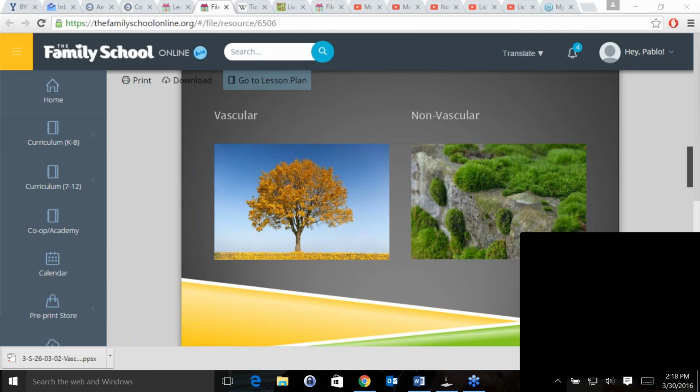Yes, vasculars have phloem and xylem. Okay. Water goes up the tree. Water has to fall on the moss to be absorbed. Connor says mosses don't have leaves and the moss is soft and green. The leaves are not soft and green in the tree.